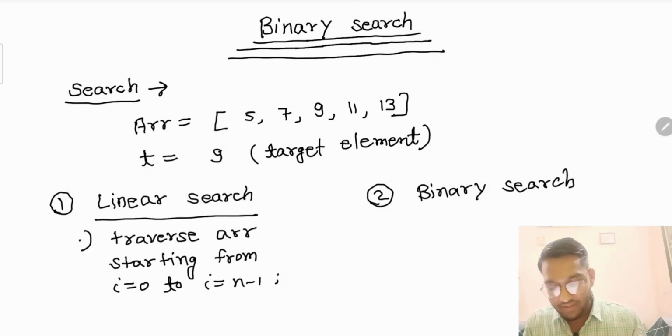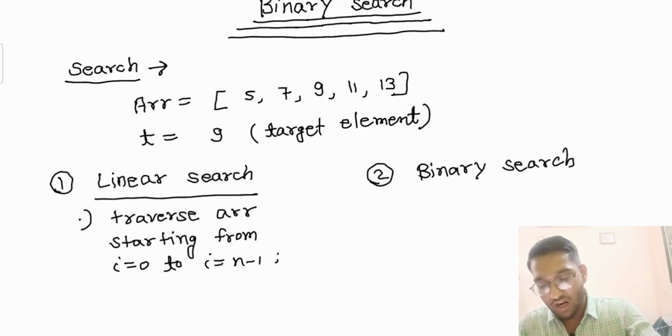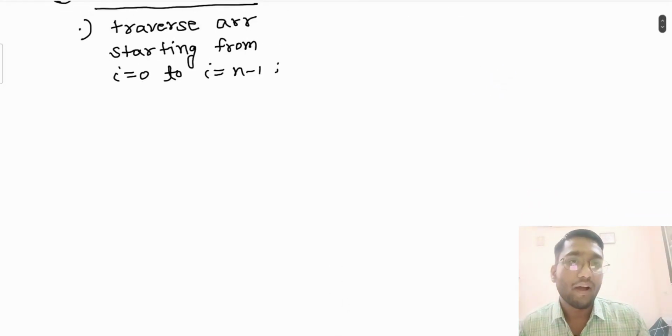If we traverse the array and find whether the target element is there or not, this is called linear search. First of all, I am going to write pseudo code for linear search. Then we will start to study binary search.